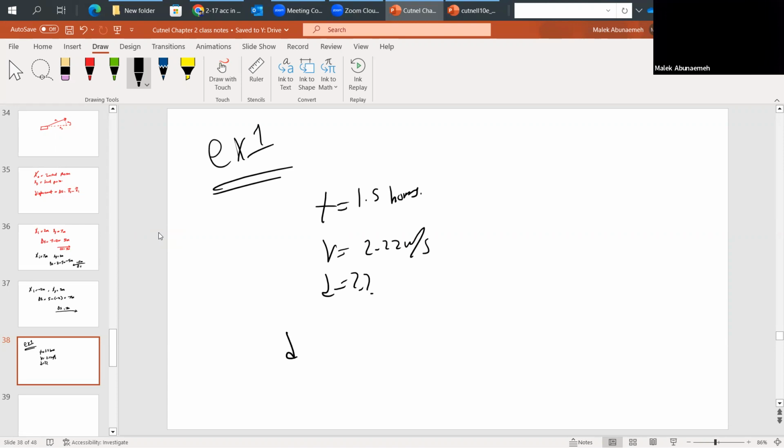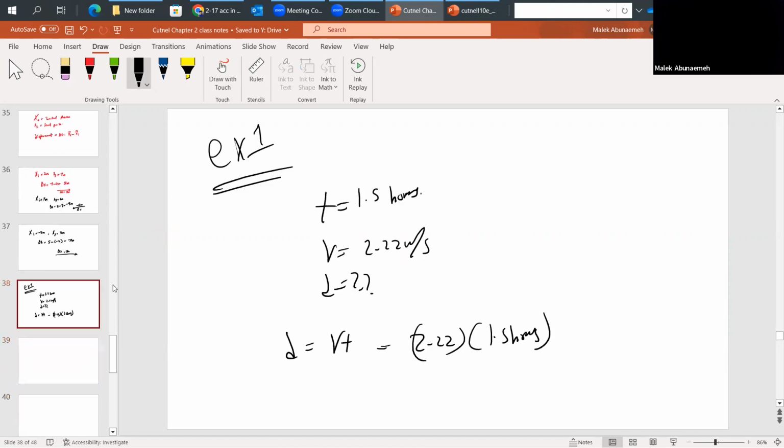That means your distance is going to be v times t, which is 2.22 times 1.5 hours, which is going to equal, it'd be 3.33.